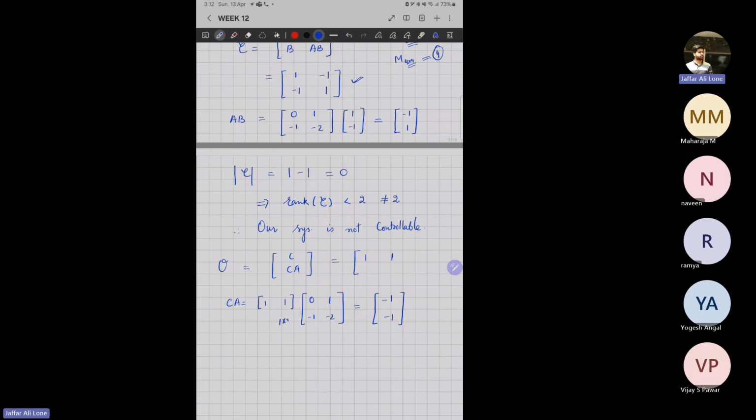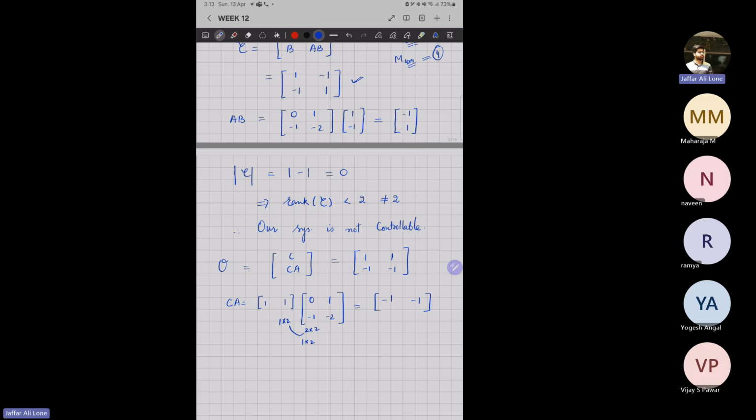This is 1 over 2. This is 2 over 2. It is 1 over 2. So it will be like this. Right, so therefore my CA is -1, -1.